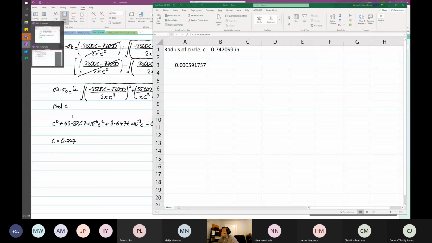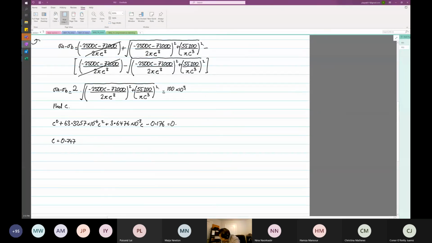Yep. Inches. And this is based on the normal stress limit of 100 ksi and shear limit of 50 ksi.